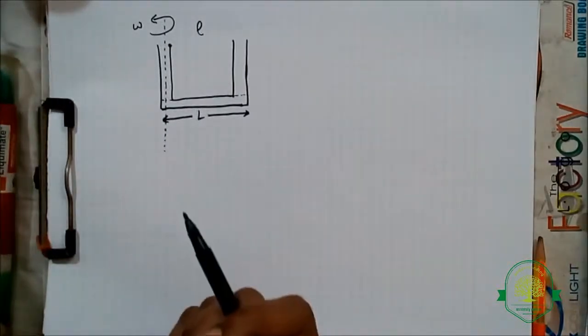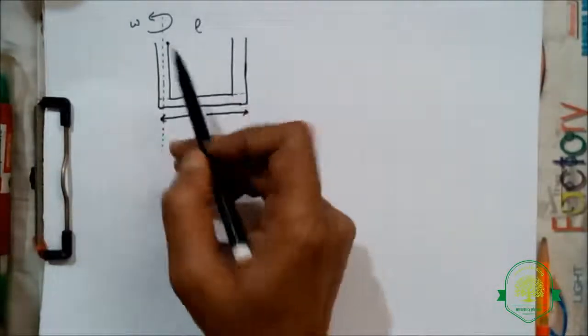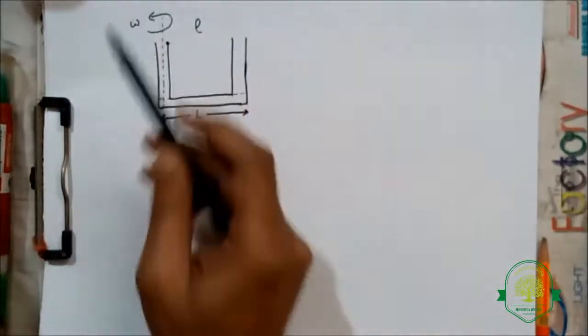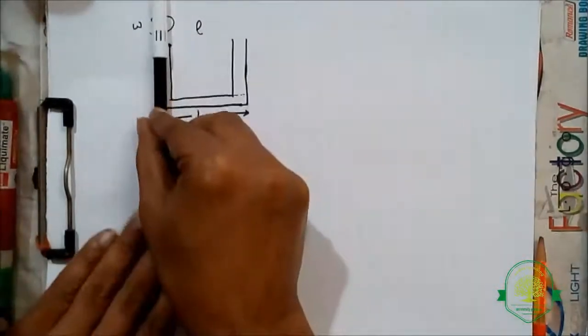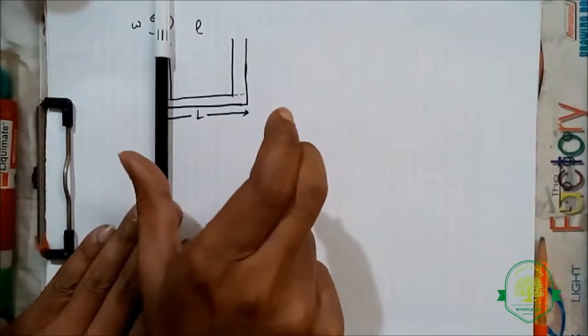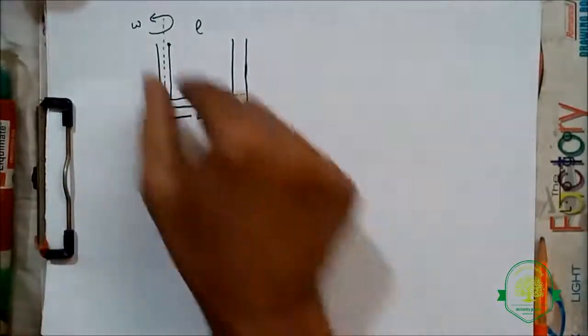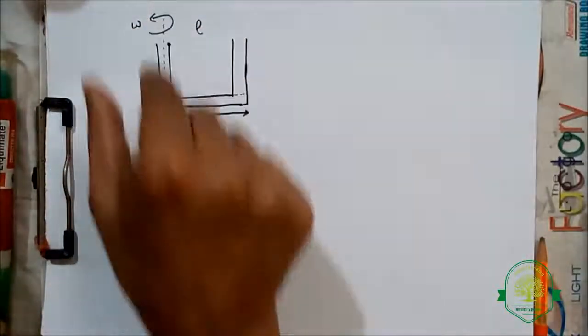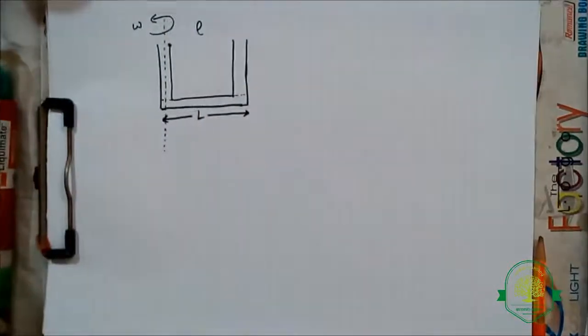When this tube is rotated like this with an angular velocity omega about this axis, this is the axis and the entire U-shaped tube is rotating about that axis. So this arm remains in place while the rest of the tube rotates about that arm, or an axis passing through that arm.